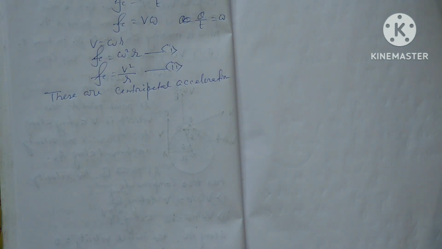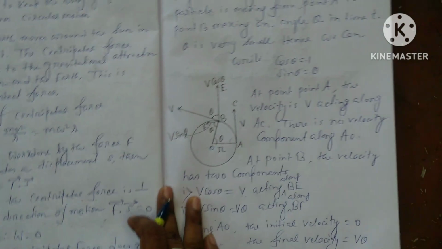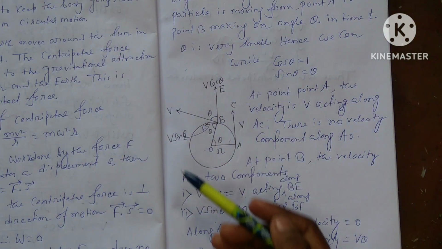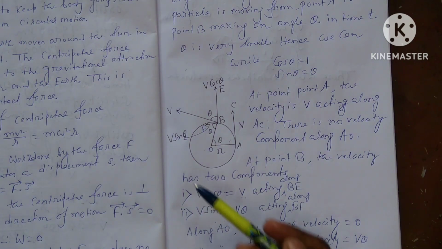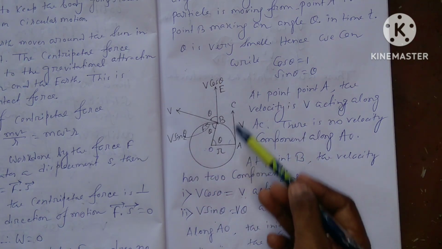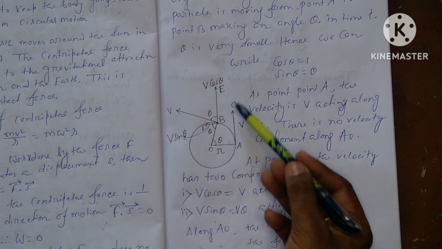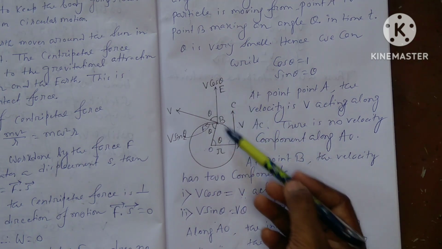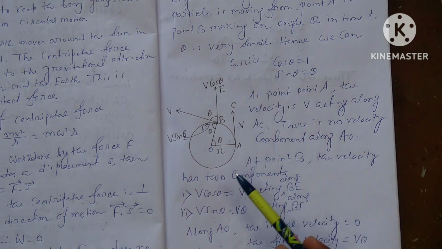These are centripetal acceleration. One thing to remember: along AC there is no rate of change of velocity, because along AC the initial velocity is v, and along BE it is v. So v minus v is 0.